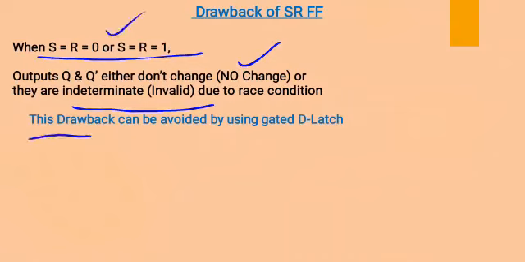So to avoid this drawback, we are going to use a gated D latch, which we are going to study in further lectures, where we will come to know how to avoid this no change condition and race condition of the SR flip-flop, which are not useful at all.